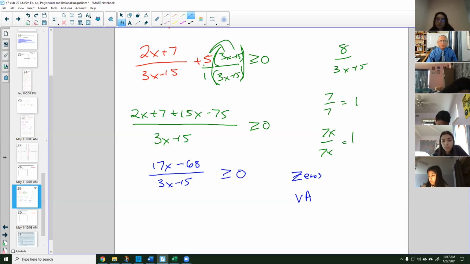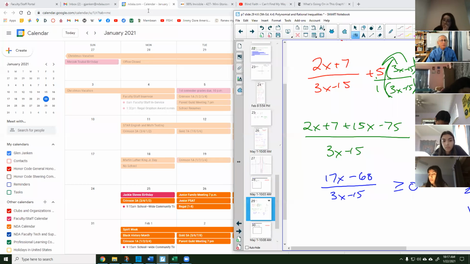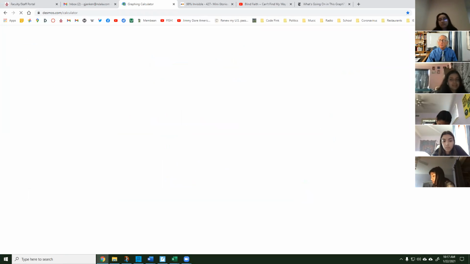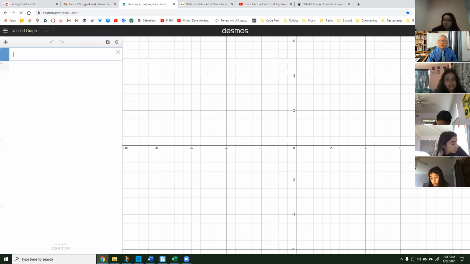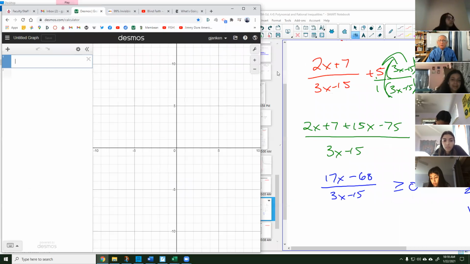So let me just shrink that a little bit. And let's open up Desmos instead of the calendar. And I'll shrink that. Okay, good.